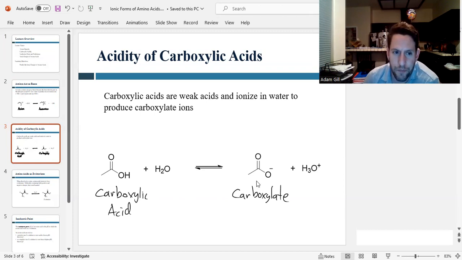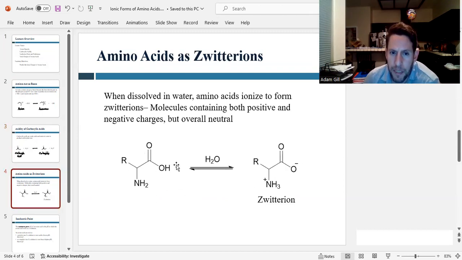Shouldn't be anything new. But if we have an amino acid, it has both an amine and a carboxylic acid. And so when you dissolve it in water, the amine picks up a hydrogen, and the carboxylic acid loses a hydrogen. And so it exists as what's called a Zwitter ion. This is a German word, so the W is kind of a V sound, Zwitter ion.